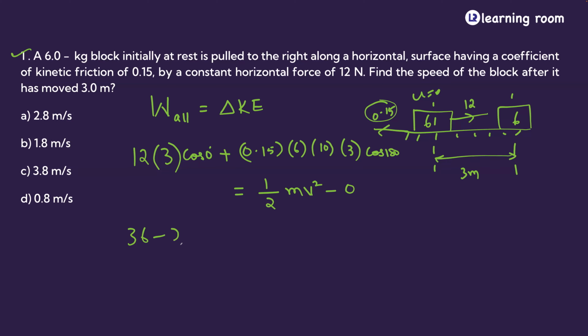So 36 minus 27 is equal to half. What is the mass? It is 6 into v square. So 2 and this will get cancelled thrice. So 36 minus 27 is 9. So 9 is equal to 3v square, which implies v is equal to square root of 3, which will be 1.8 meter per second. So this should be the answer.